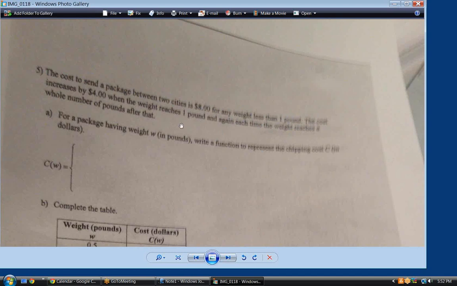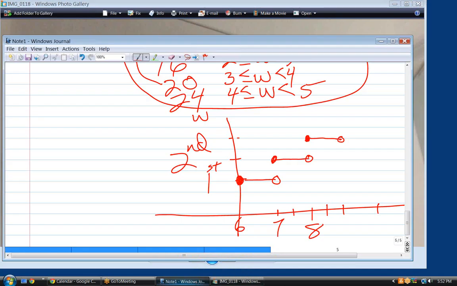If you had gone into this post office and it weighed exactly a pound, they're not going to charge you $8, because they charge $8 for anything less than a pound. Right. Okay. The moment it hits 1 pound, it goes up by $4. It's $12. Yeah. So that original picture I had was correct, that it goes 8, 12, 16, and 20.